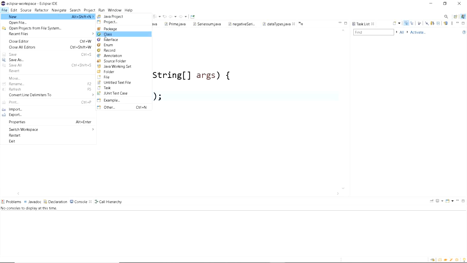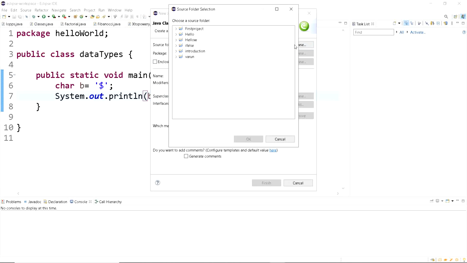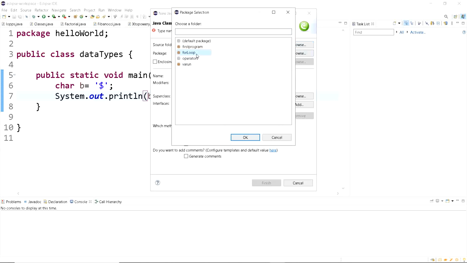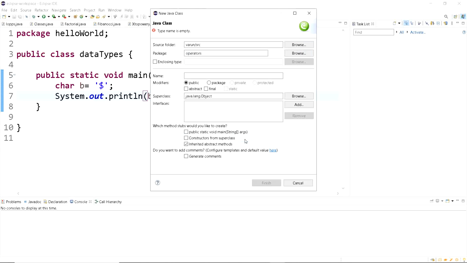Let's create a class called, let's name this as arithmetic operator.